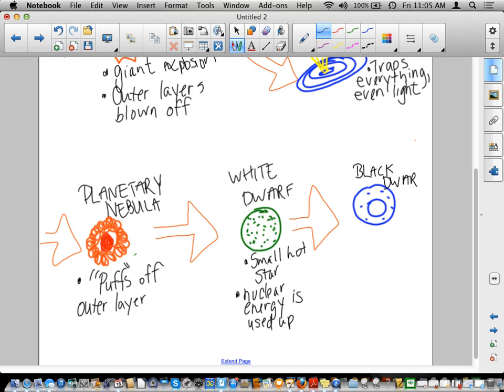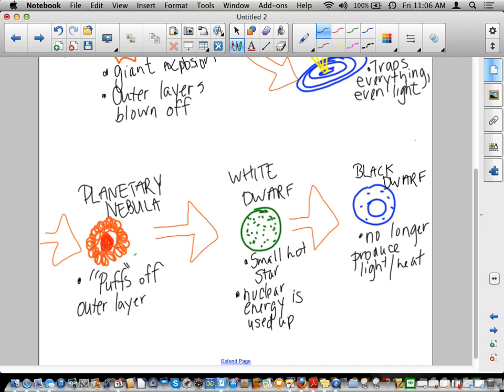Black dwarf can no longer produce light or heat. Now, they say that the time needed to reach this stage is longer or older than the age of the universe. So there are no black dwarfs that exist. However, they predict this is what would happen.